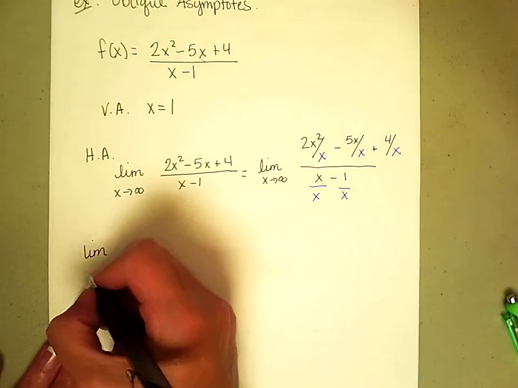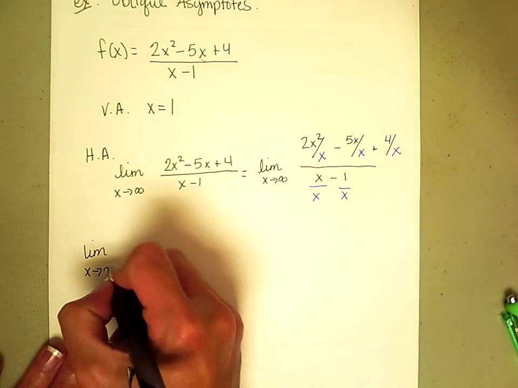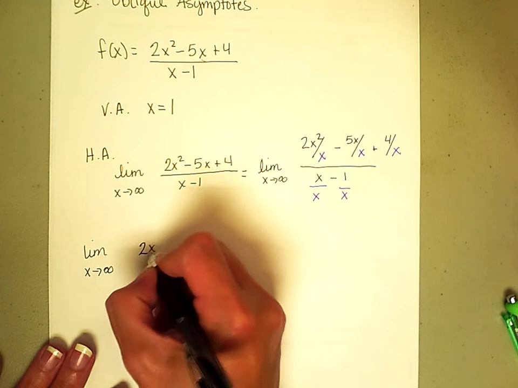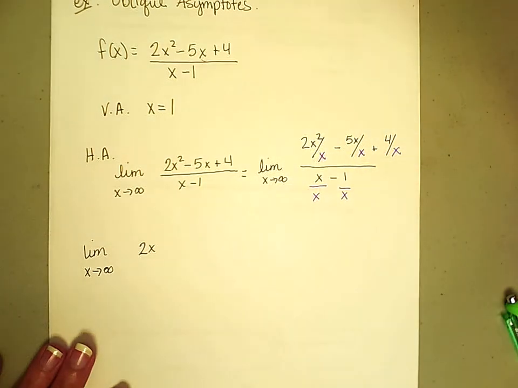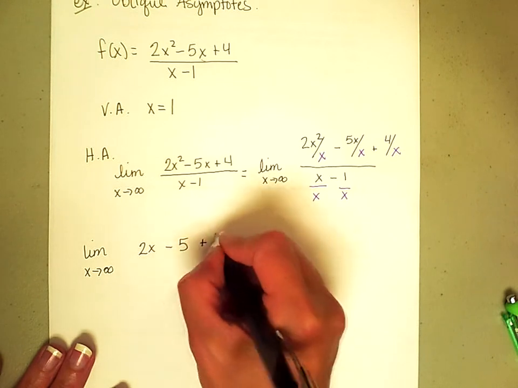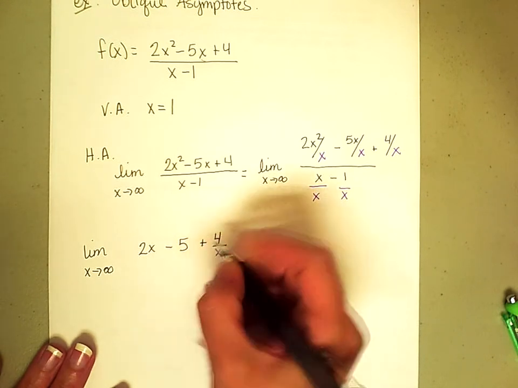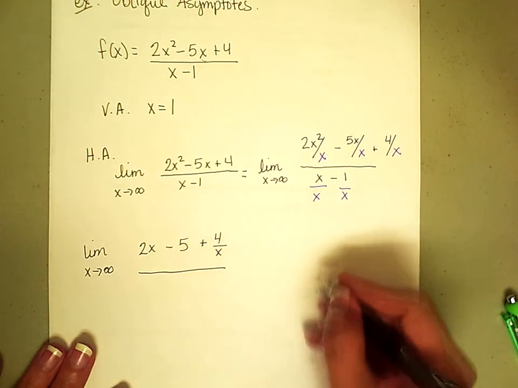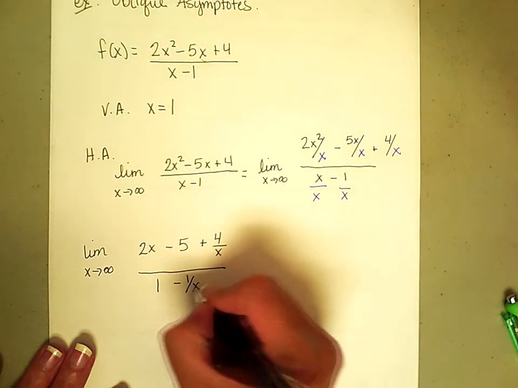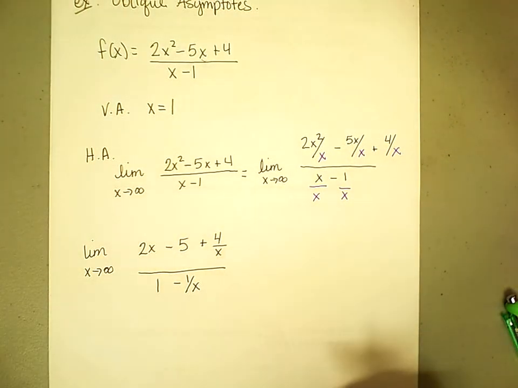If we simplify that, we get the limit as x goes to infinity of (2x minus 5 plus 4 over x) over (1 minus 1 over x).